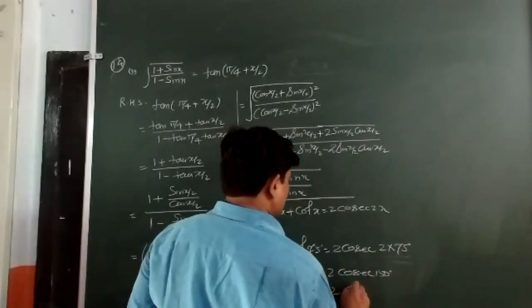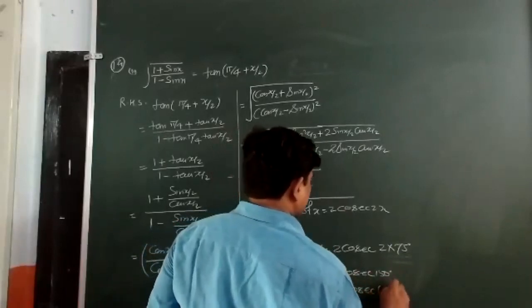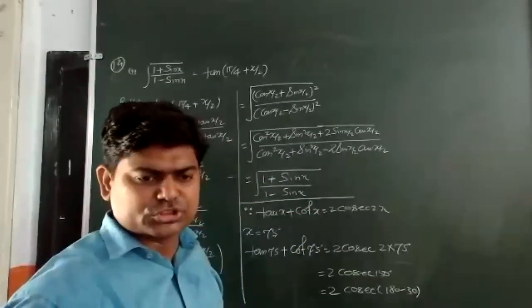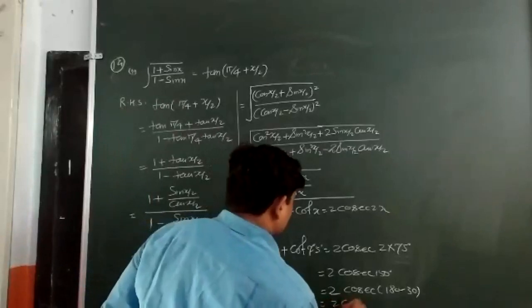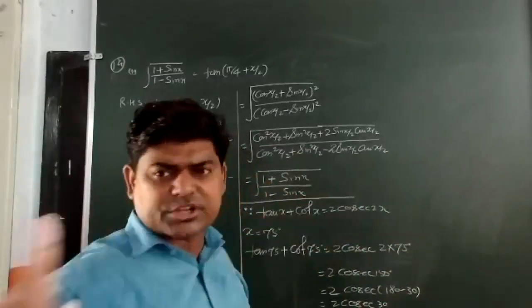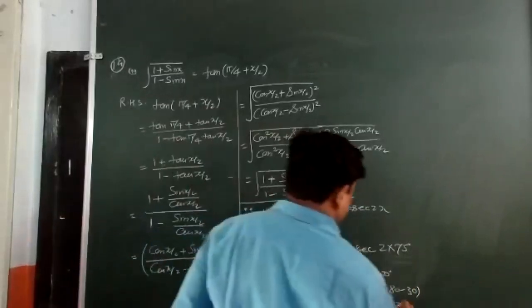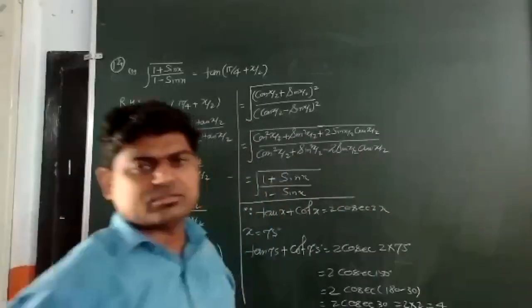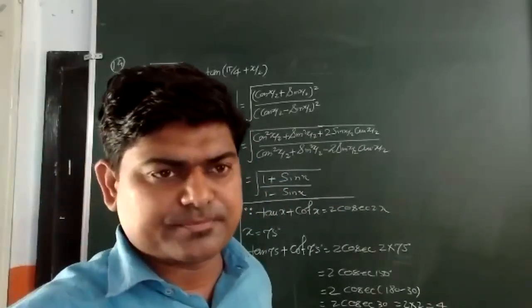And it is 2 cosec of 180 minus 30. In the second quadrant, cosec is positive. I will write here 2 cosec 30 degree, and the value of cosec 30 is 2 only. So it can be written as 2 into 2, that is equal to 4. This is our part. Hope you are getting what I want to say.